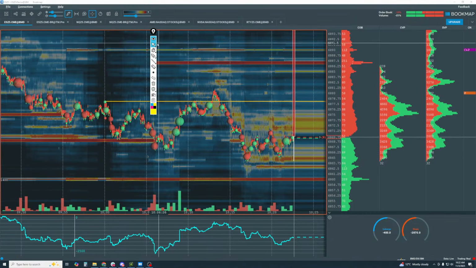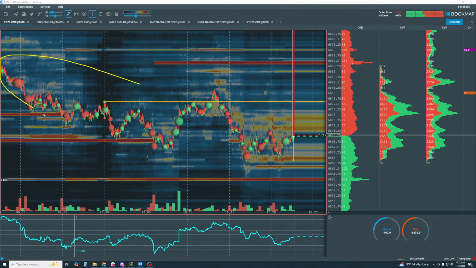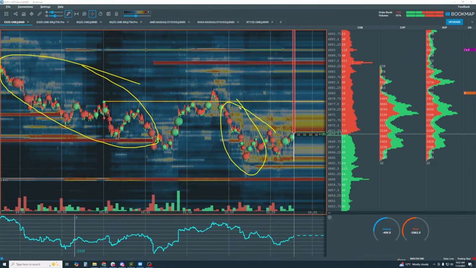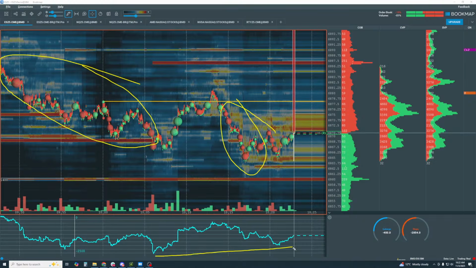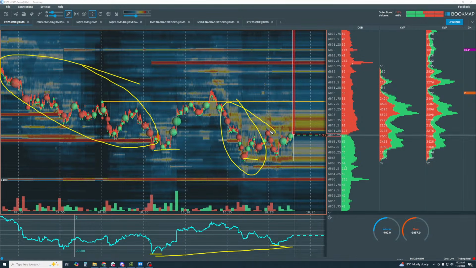Let me just mark that up. Compare all of this selling in here to this selling in here. We're going to get some divergence, and here it is in the CVD. We made a lower low here, and a higher low here. So are we going to get buyers here?